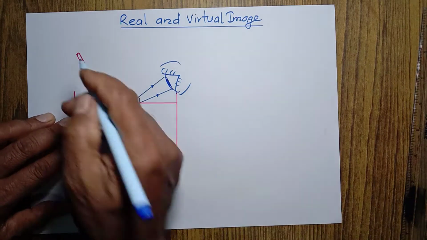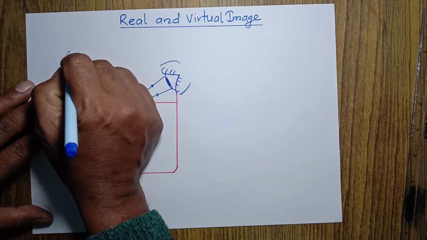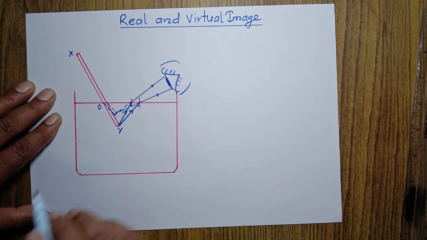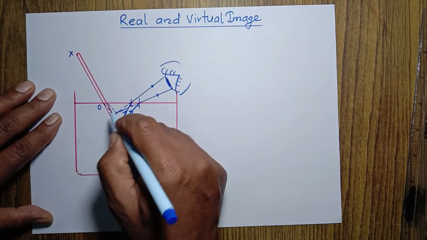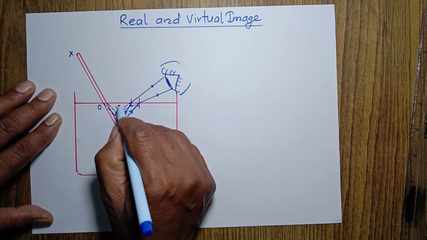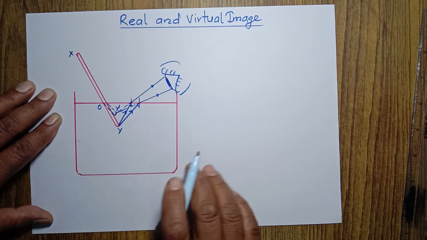Let's say the stick is X, O, Y, but it appears to be bent like X, O, Y dash, because Y appears at Y dash.